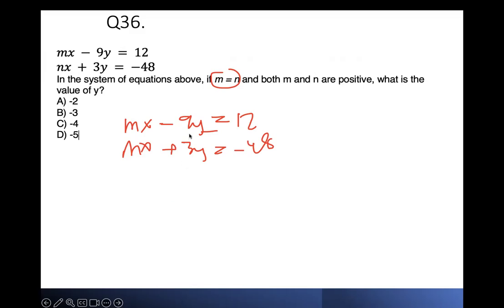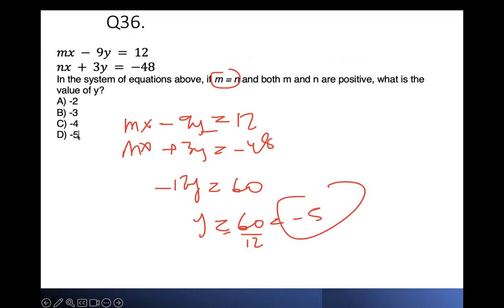This will be minus 12y is equal to what? 60. And y has to be 60 over negative 12. You can simplify. That will give you negative 5. That's all. Therefore, we're going to pick this. Number 5. B is the right answer.